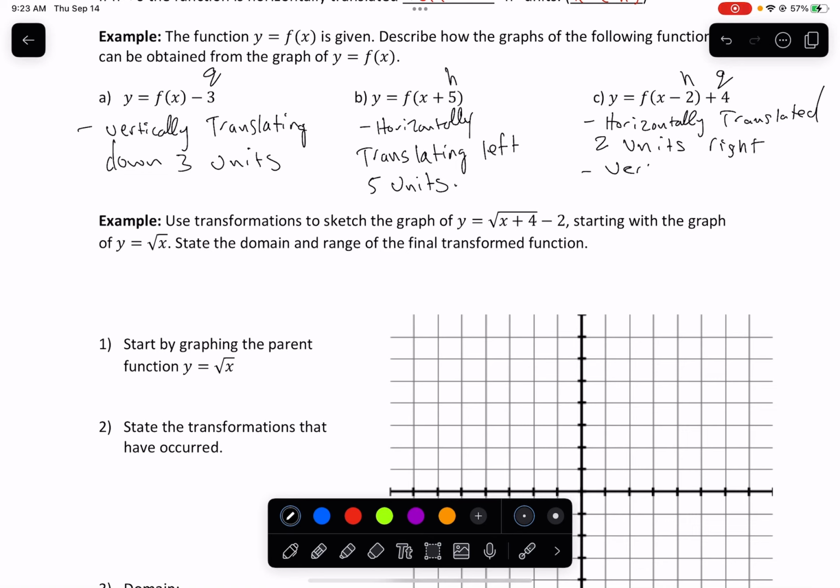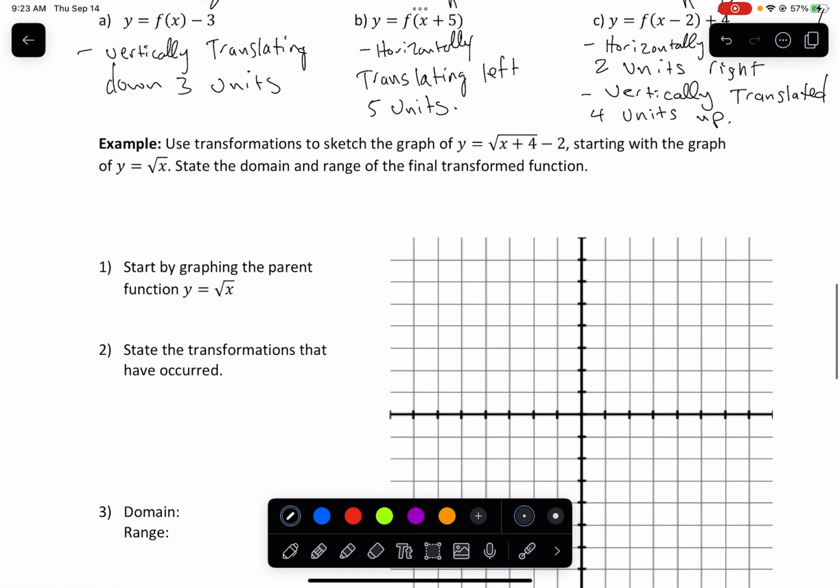And we're vertically translated four units up. Okay. Is everyone okay? So let's go down.